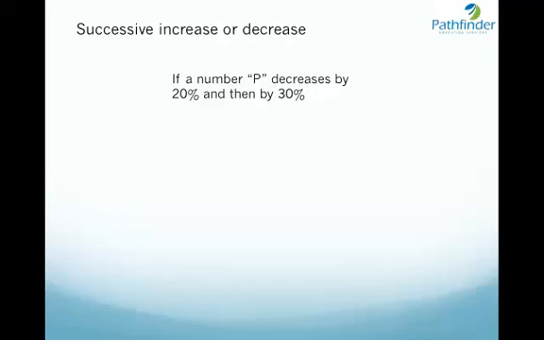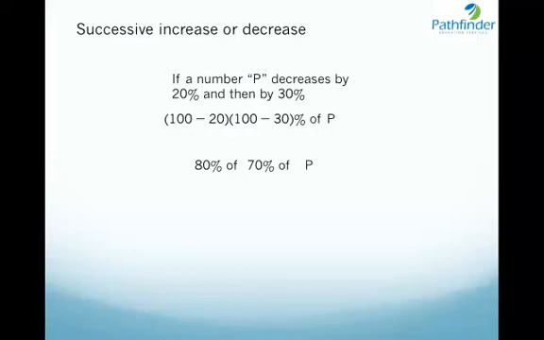Whenever a number decreases by 20%, it will be 100 minus 20% of itself. And then when it decreases by 30%, it becomes 100 minus 30% of itself. So therefore, a number that decreases once by 20% and then by 30% becomes (100 minus 20)% into (100 minus 30)% of itself, which is equal to 80% of 70% of P.